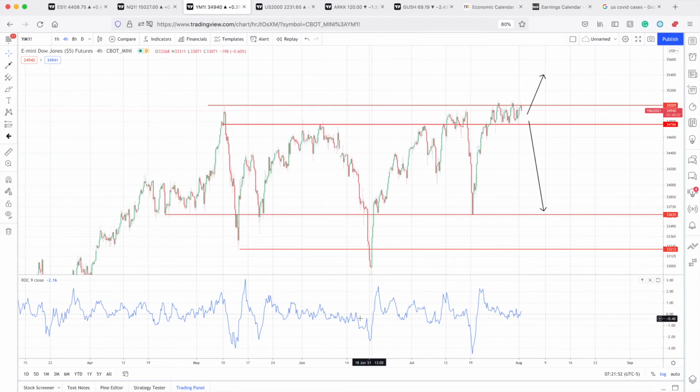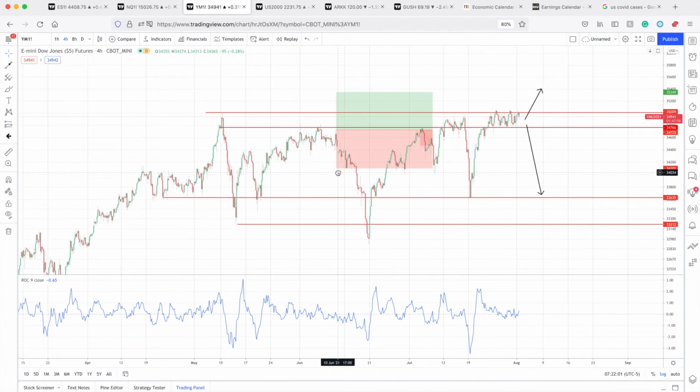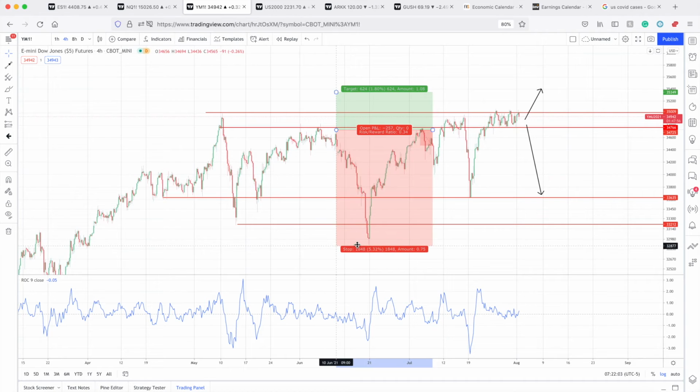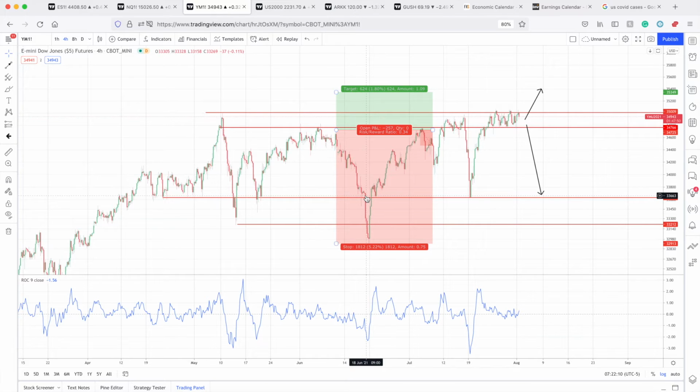You guys see here, big sell-off. See how big this was, actually. Pretty nasty, especially for a more modest ETF like the Dow Jones. 5% sell-off. So let's see what happens, guys. We could be trading sideways for a while.